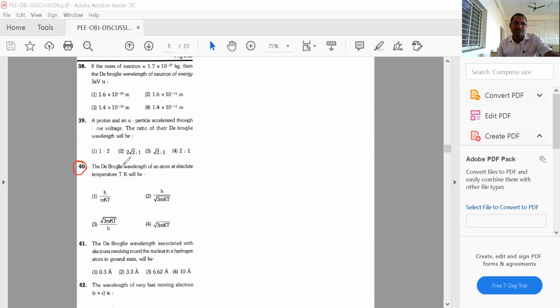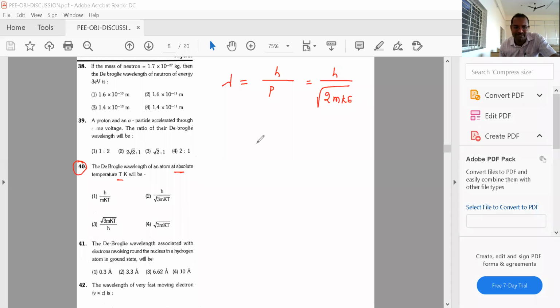Question number 40, they have given the de Broglie wavelength of an atom at absolute temperature. We know the de Broglie wavelength of any atom or any moving particle is lambda equal to h by momentum, and momentum in terms of kinetic energy can be written as root 2m into kinetic energy.